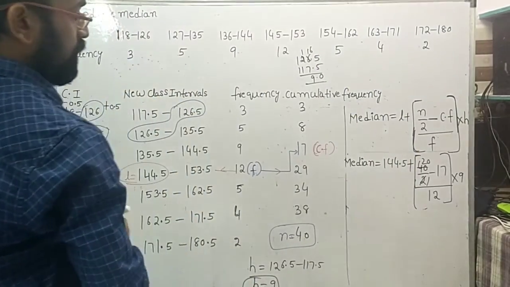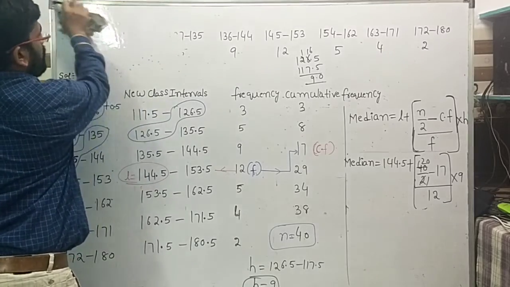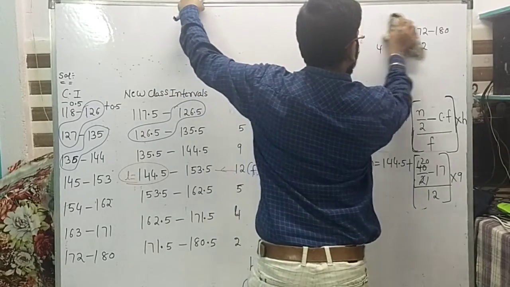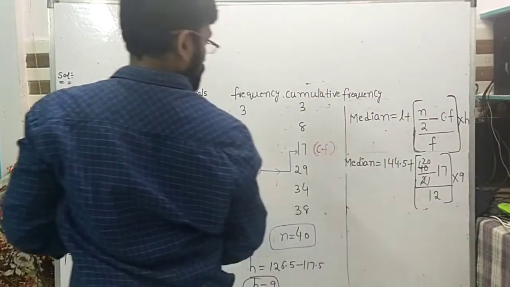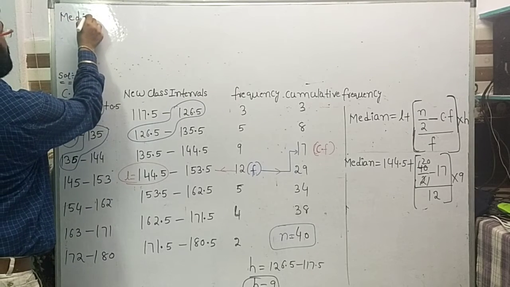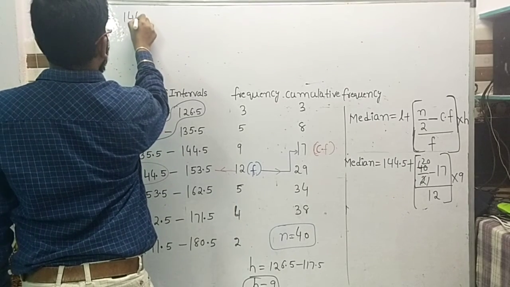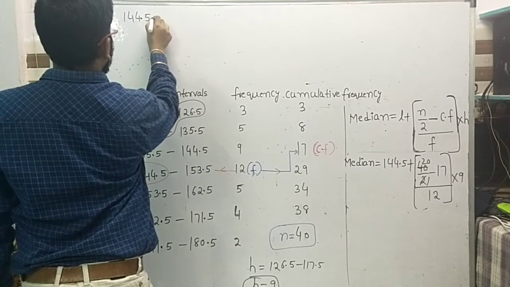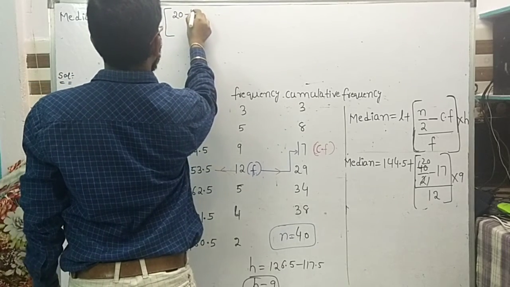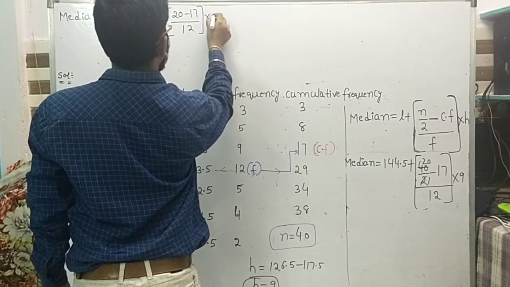I am writing here, I am writing on that. This is also sufficient here. Then here median equals 144.5 plus (20 minus 17) by 12 into 9.